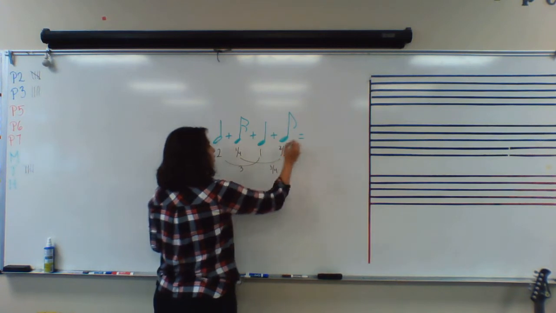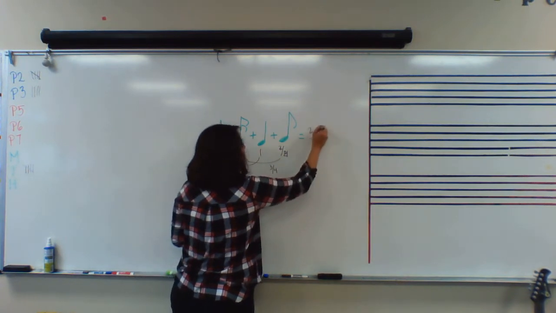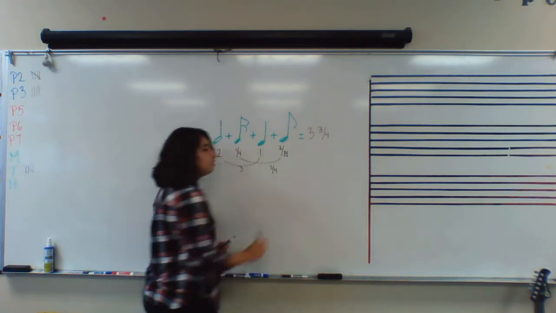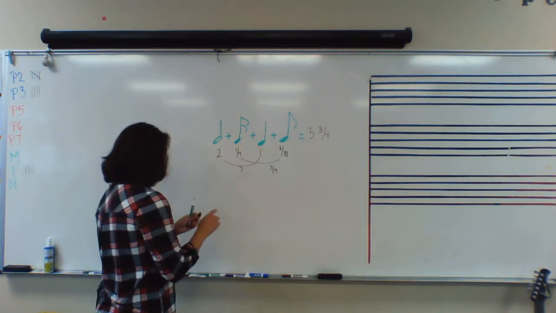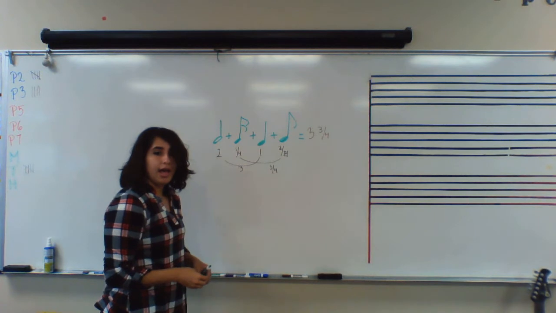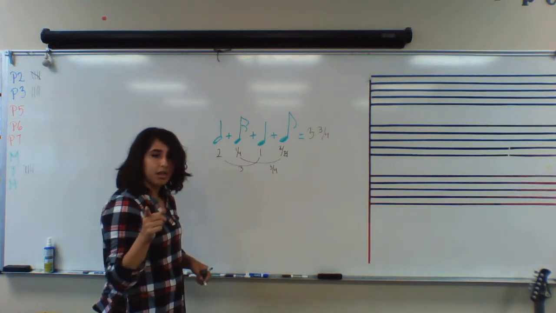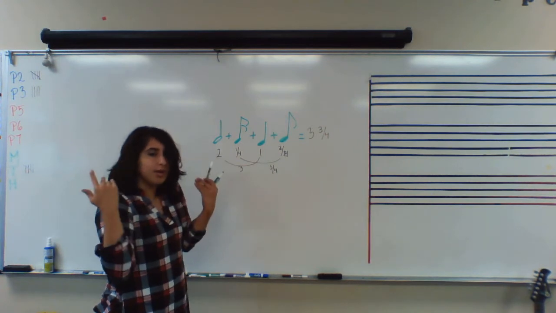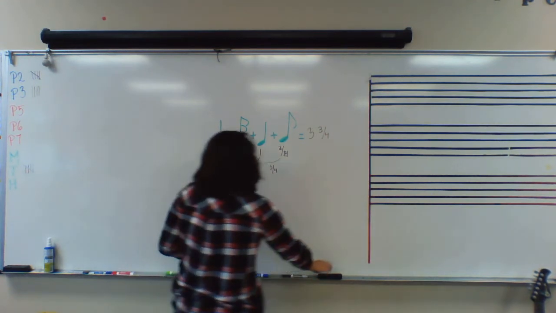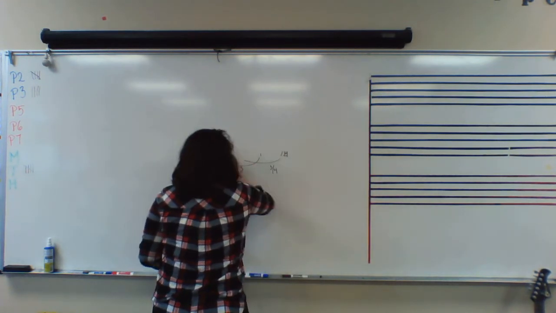That's 3. It's 3 and 3 fourths. Math! If you're not sure how to add fractions together, go ask a math teacher because I don't know the best way to explain that. It works in my head. All right, we'll do one more.